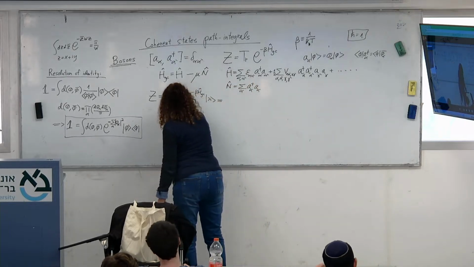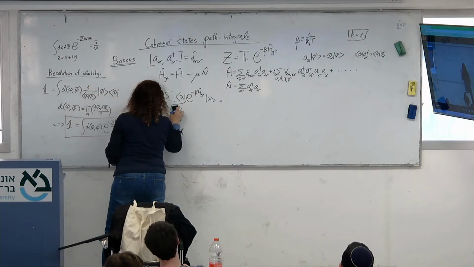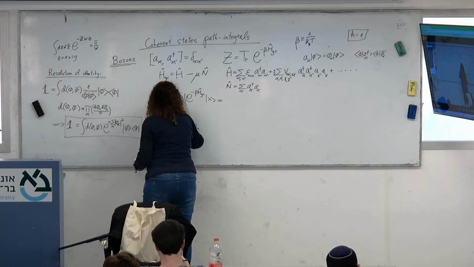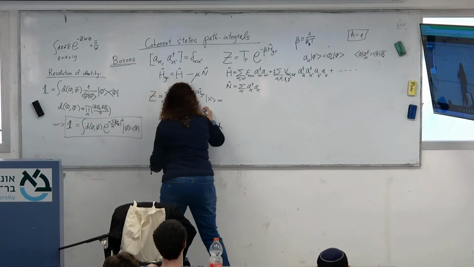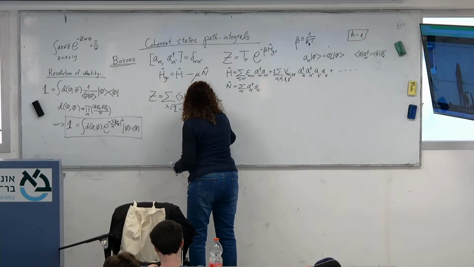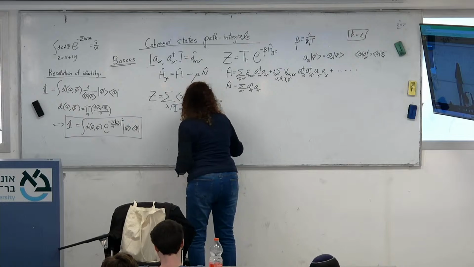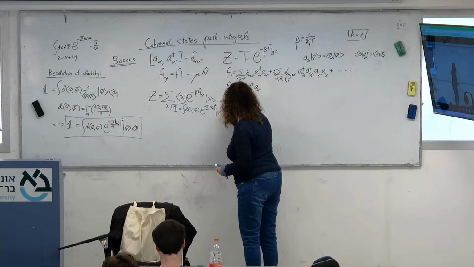Okay, so I'm introducing here the resolution of identity as integral d psi bar d psi of e to the minus sum over alpha psi alpha absolute value square, psi, psi.